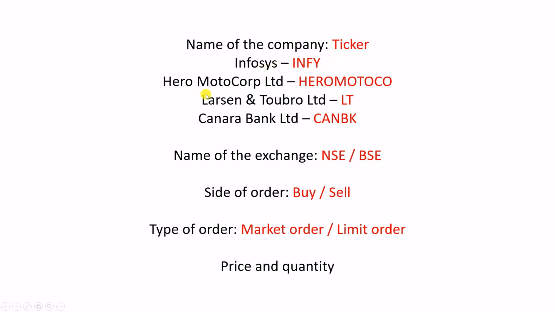Okay. Similarly, for Hero MotoCorp, we have HEROMOTOCO. For Larsen and Toubro, we have LT. For Canara Bank, we have CANBK. Alright. So, we will be using tickers.